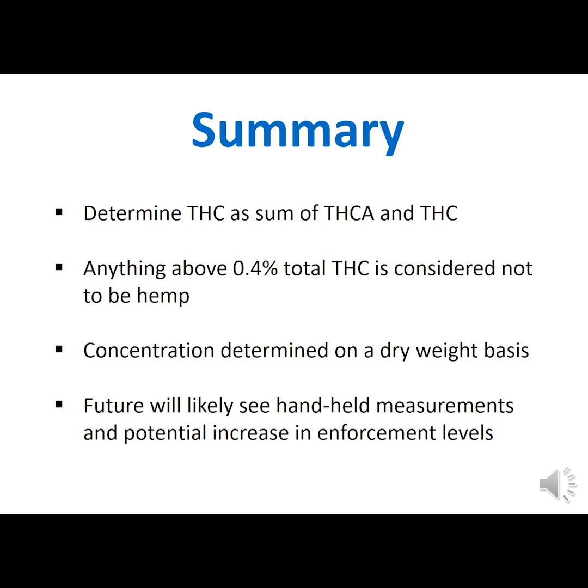Concentration we determine is on a dry weight basis that abides by the definition of the 2018 Farm Bill. And I talked about some future happenings that may occur with handheld measurements for THC analysis and a potential increase in enforcement levels if the same logic is used today as was used with the data back in 1973.